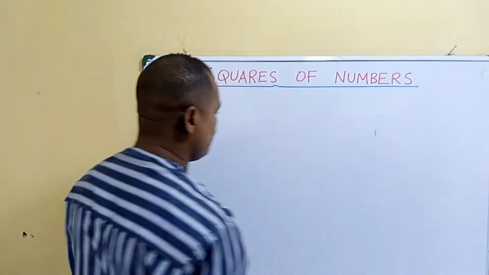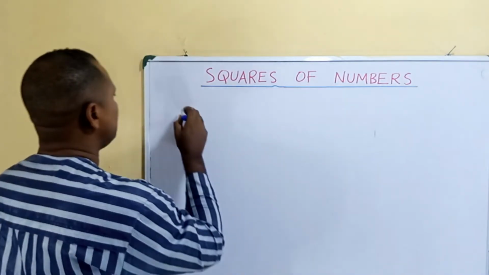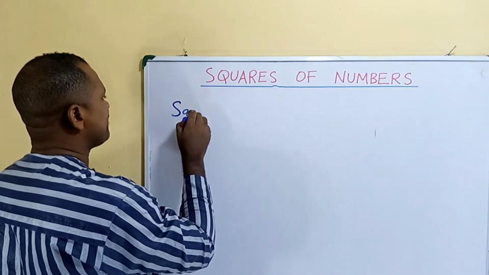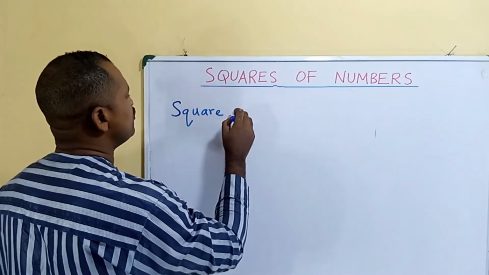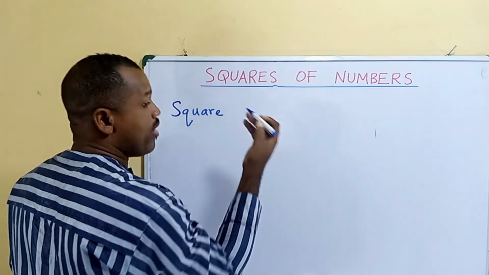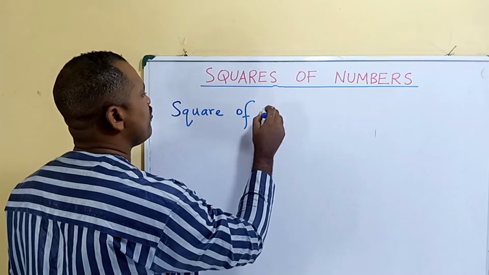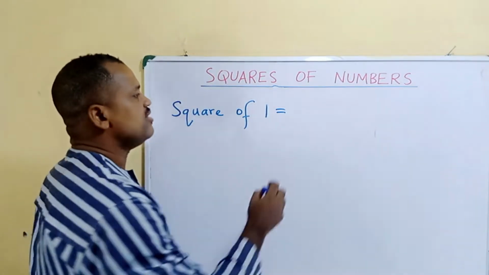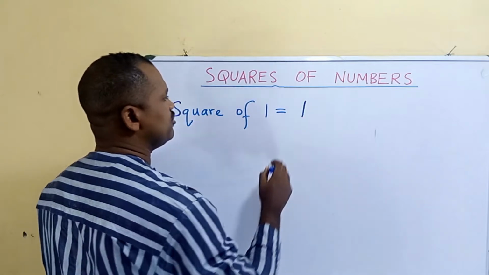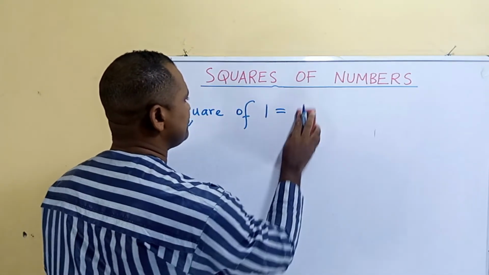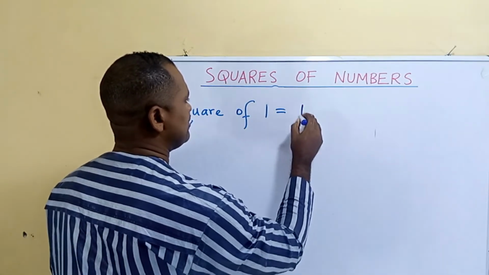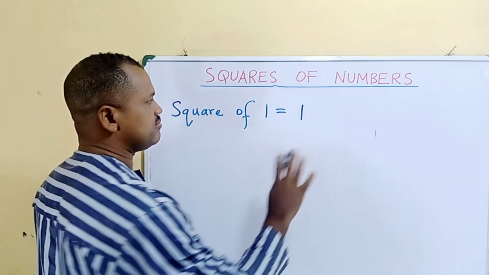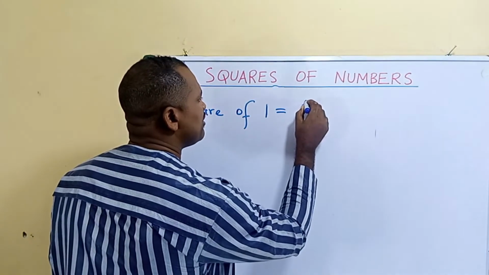Let's start with 1. Square of 1. How do you write it? You write your normal 1, like this. Then you write 2 on top like this.